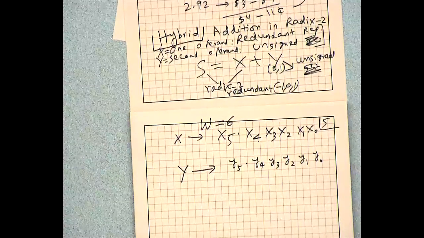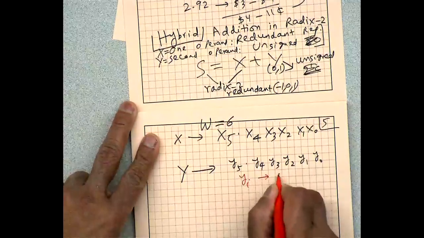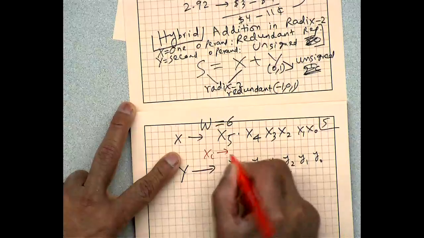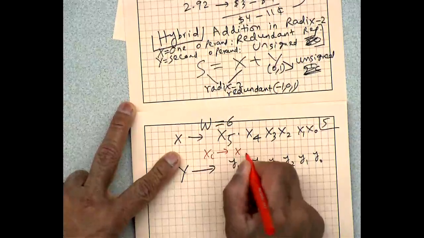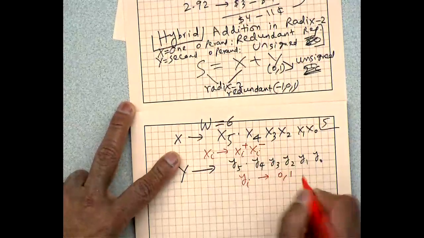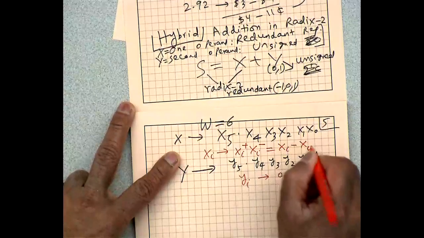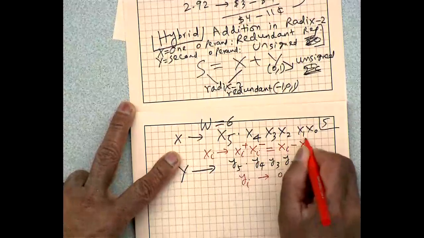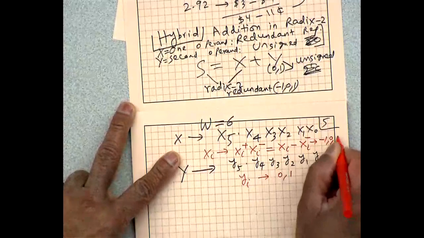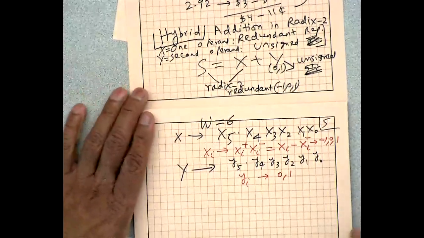But remember that each bit of y, so yi, can be 0 or 1, and xi is represented by two values, xi plus and xi minus, with the actual value being the plus bit minus the negative bit, which can be -1, 0, 1. So it can take three possible values, -1, 0, 1.